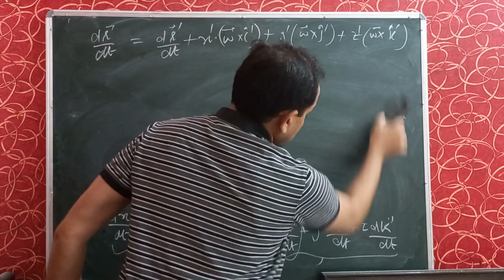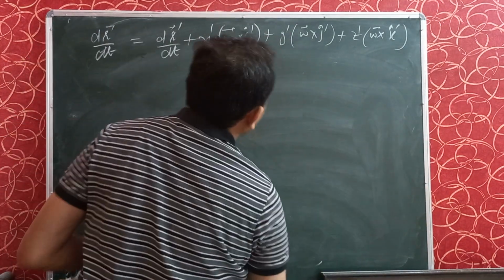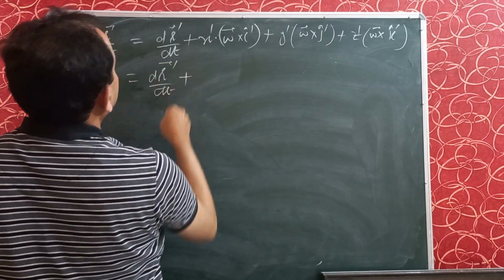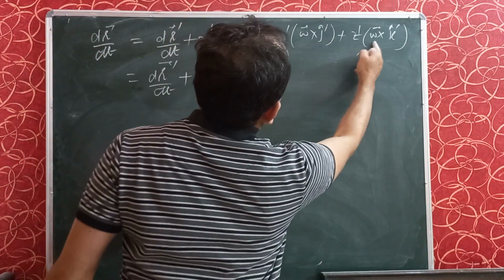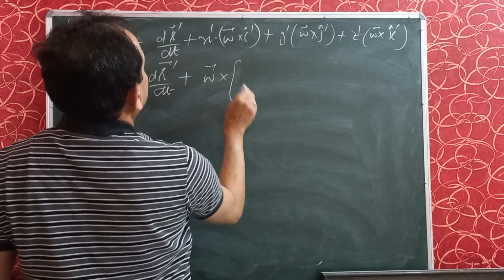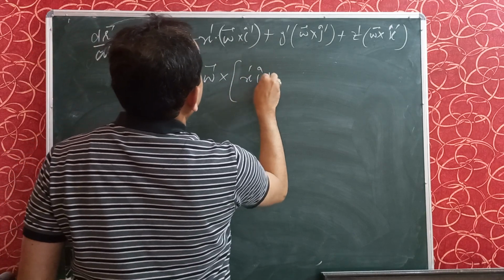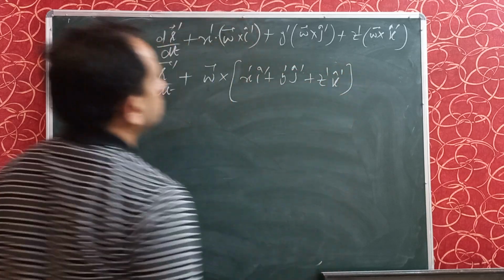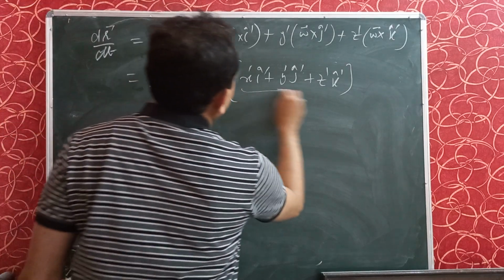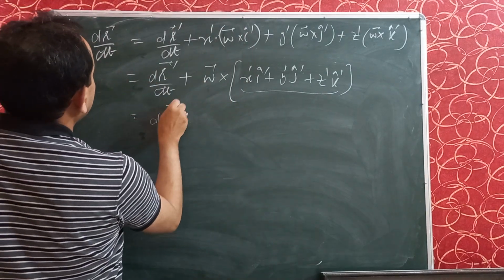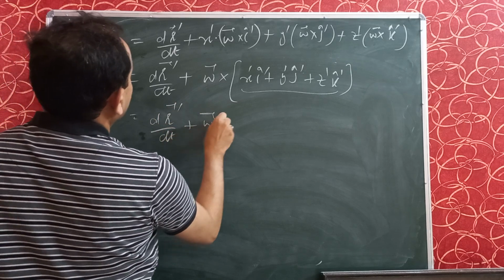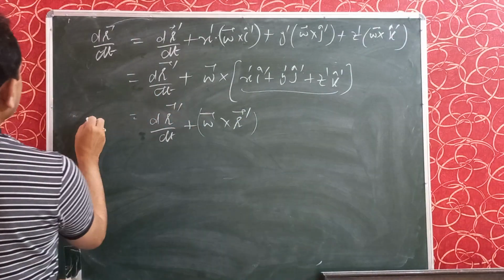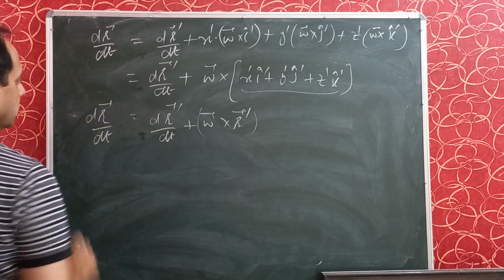Now the next step, we may rewrite this equation as dr dash upon dt plus omega cross, which is common in all three terms, x dash i dash plus y dash j dash plus z dash k dash. What is this? It is r dash. So it is dr dash upon dt plus omega cross r dash. This one is dr upon dt.